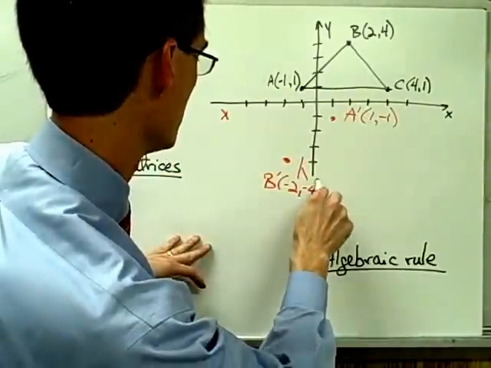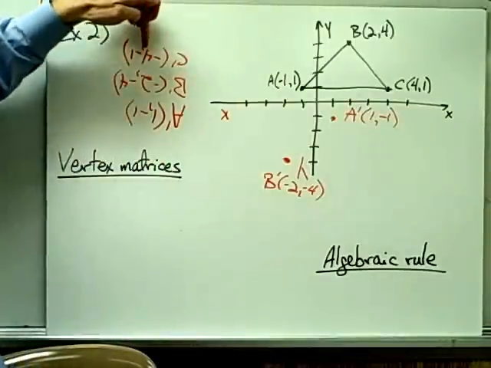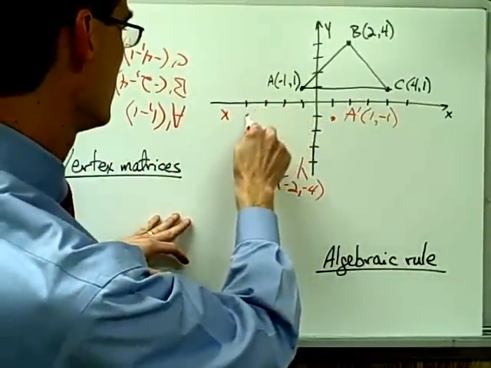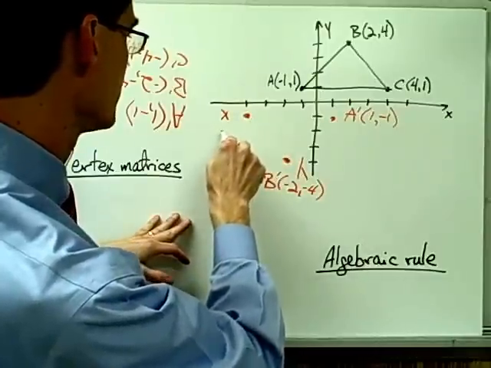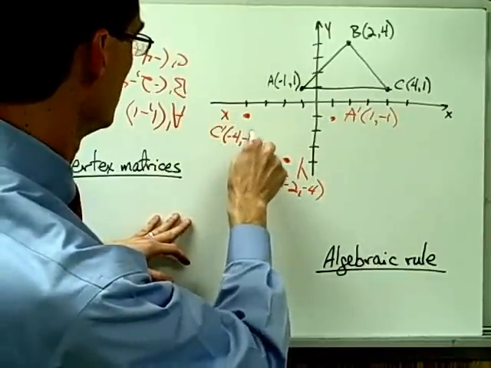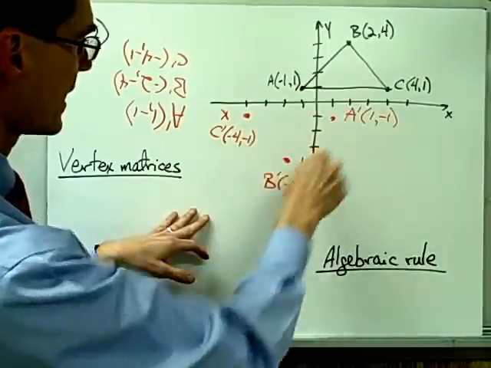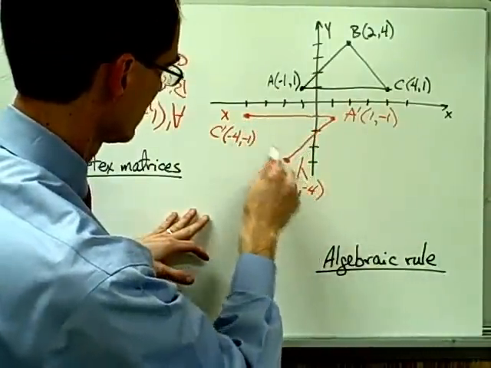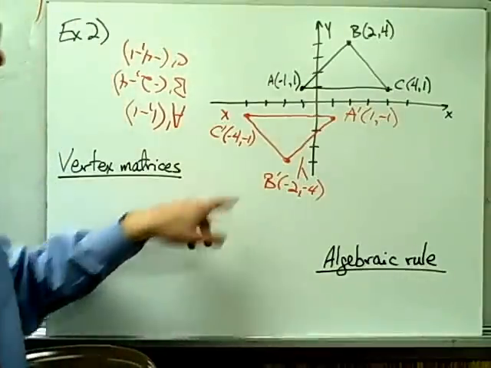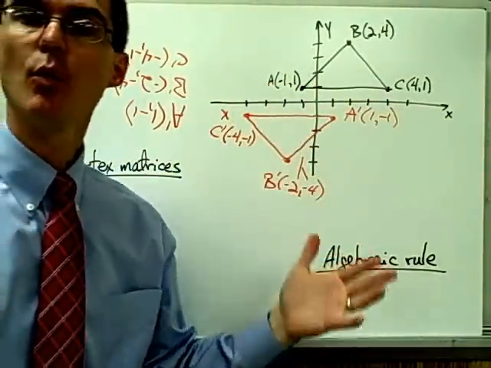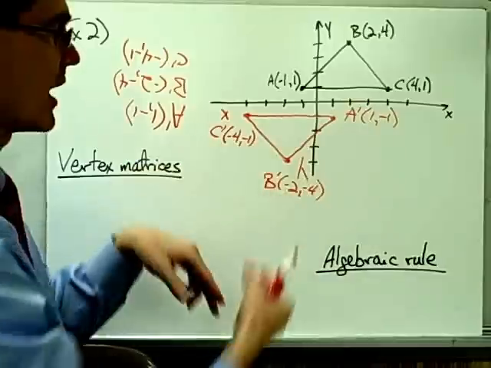And C prime is negative 4, negative 1, so 1, 2, 3, negative 4, negative 1, and here's C prime. I've got my three vertices, I just connect them up, and here is my original figure rotated 180 degrees clockwise.